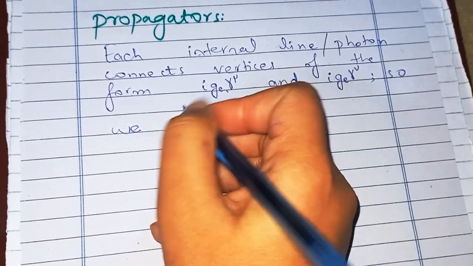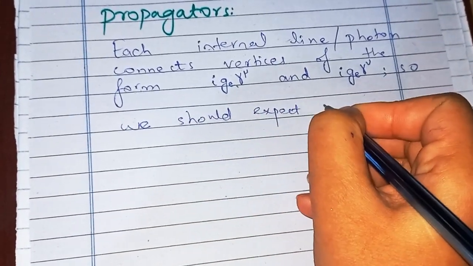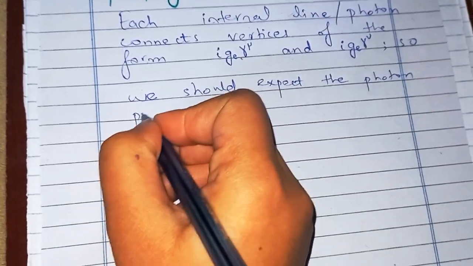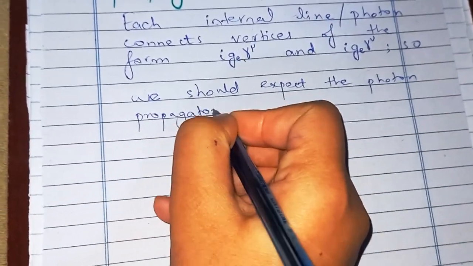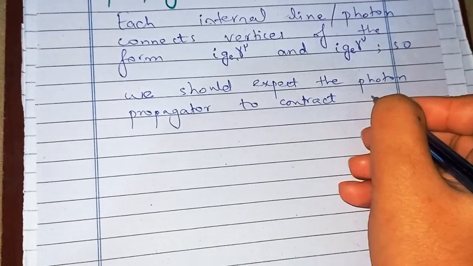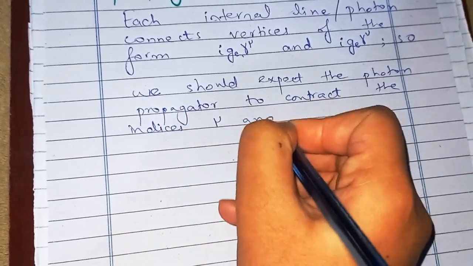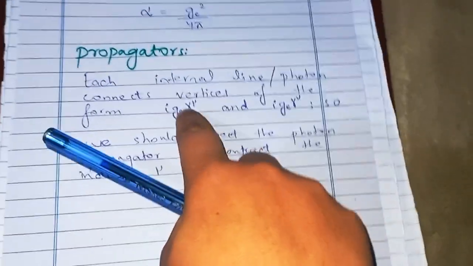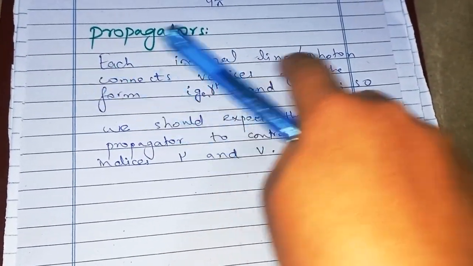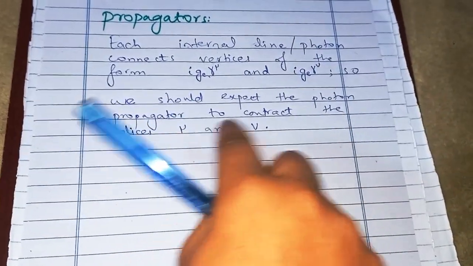So we should expect the photon propagator to contract or connect the indices mu and nu. Since the propagator is connecting these two vertices, mu and nu, we should expect the photon propagator to connect mu and nu as well.